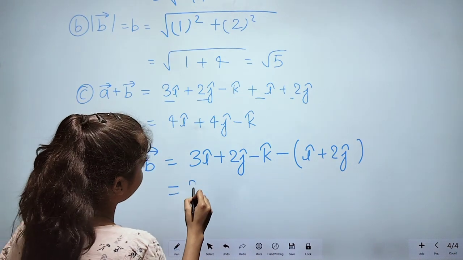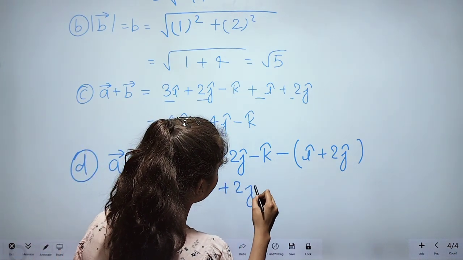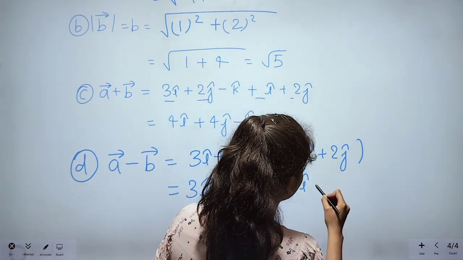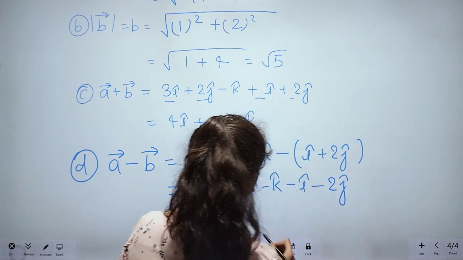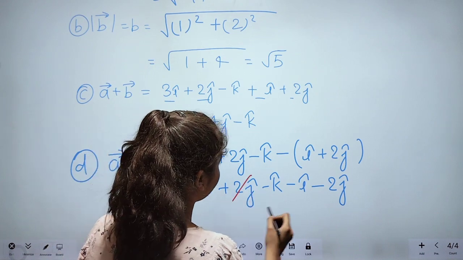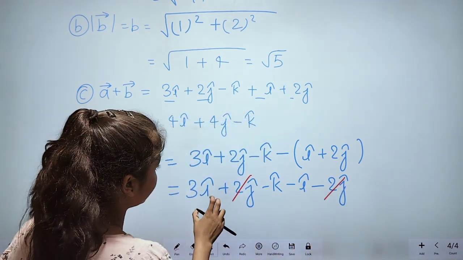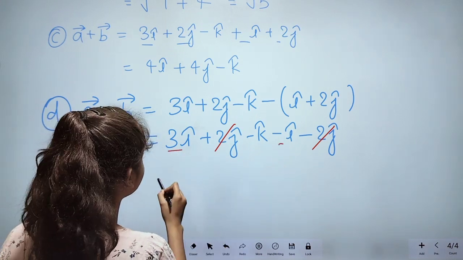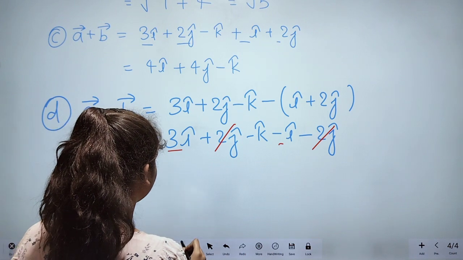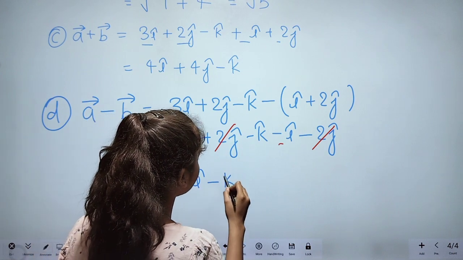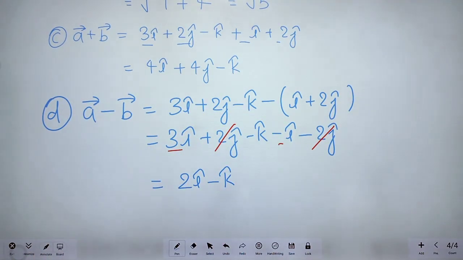Here 2i cap plus 2j cap minus k cap, and we have to multiply like minus i cap plus minus 2j cap. Here the plus minus will put, and then we have to write 3i cap minus i cap is what? 2i cap, and this one is k cap, so minus k cap. I hope you understand this thing, that how to subtract the A vector minus B vector.